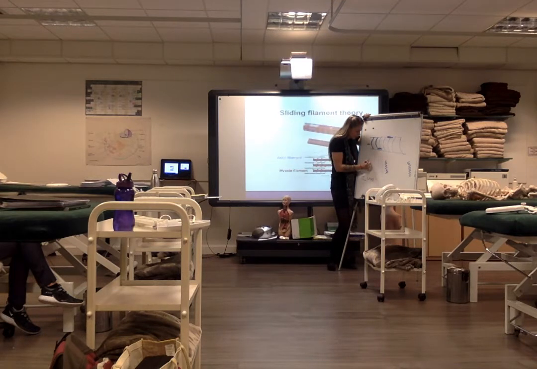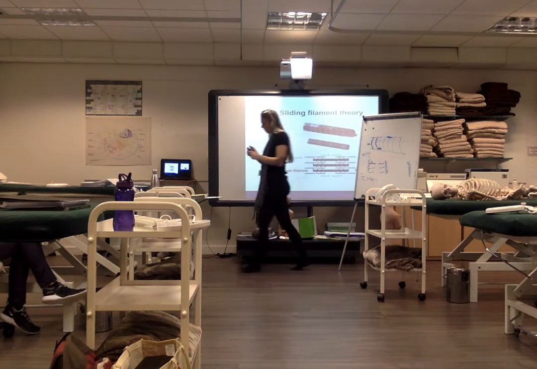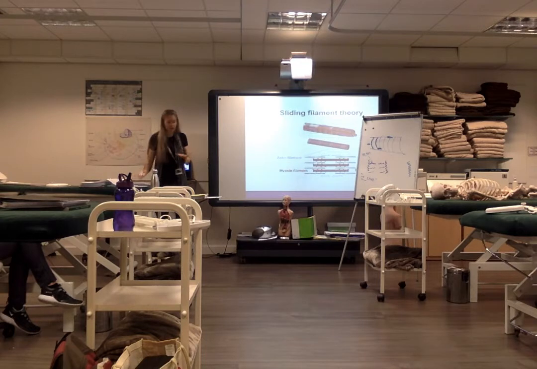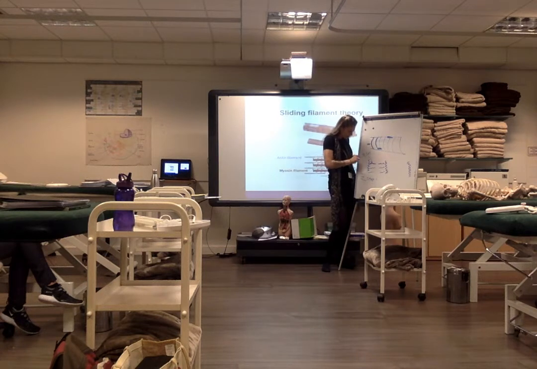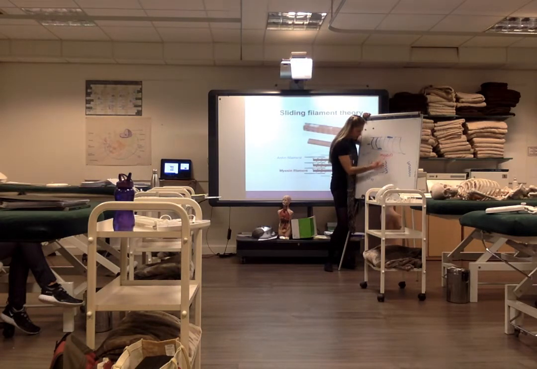Within the sarcomere, you have these thin rope-like structures called actin. Actin is a thin protein, and in between these you have myosin, other proteins.